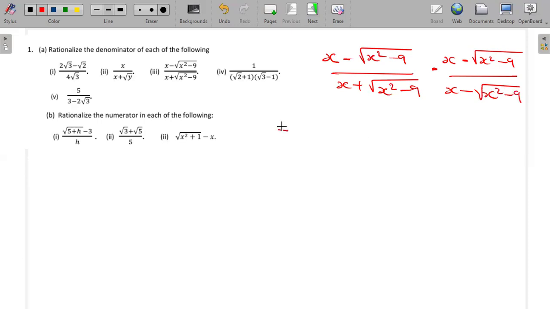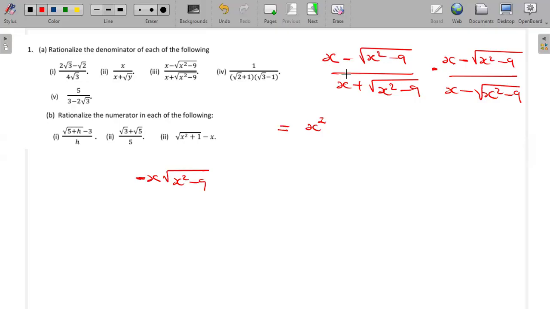And this here is going to be equal to, so the x times the x there gives us x squared. And then x multiplied by this root of x squared minus 9, since there's a negative sign there, will give us negative x root x squared minus 9.